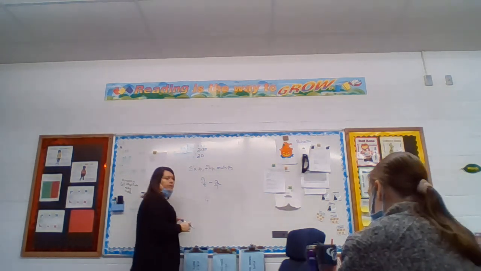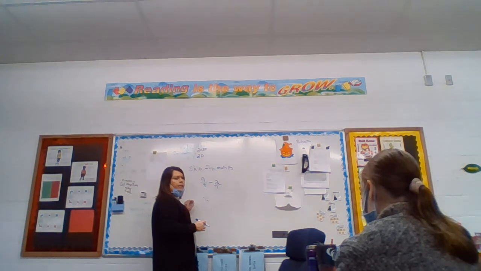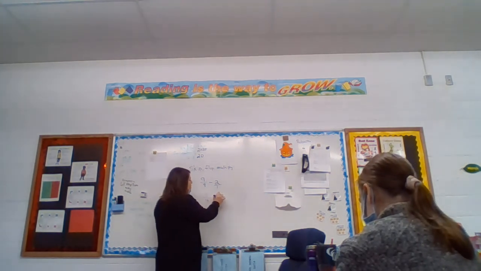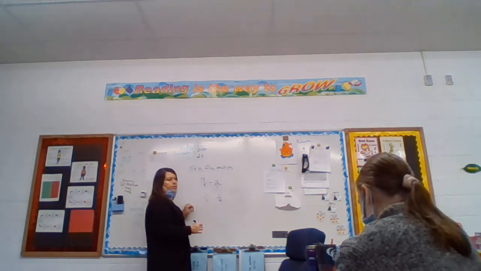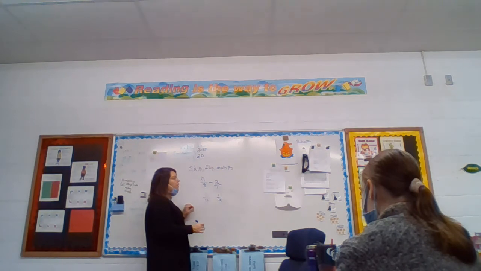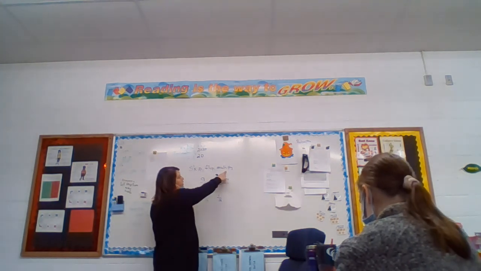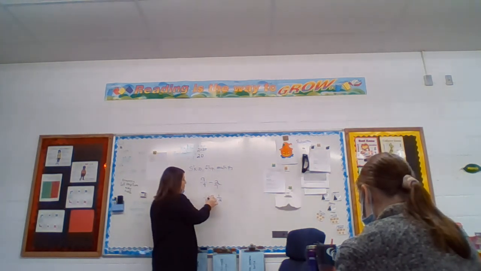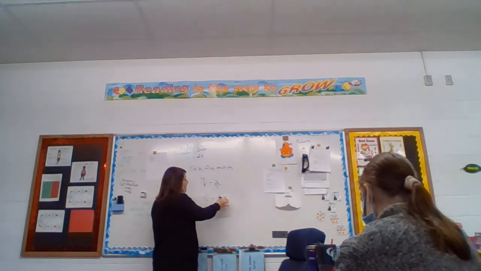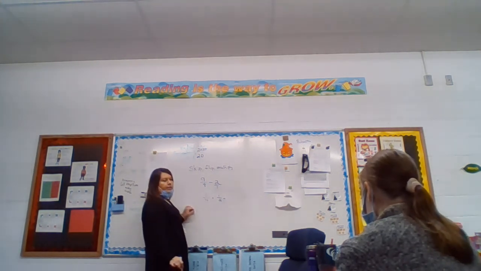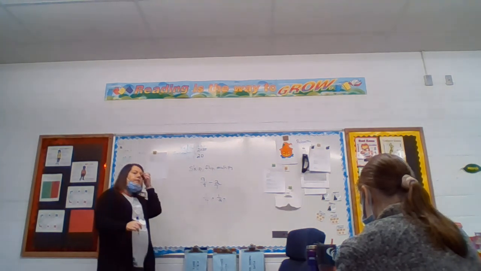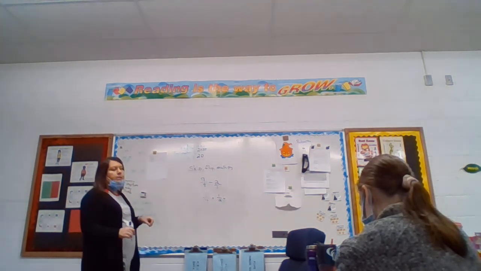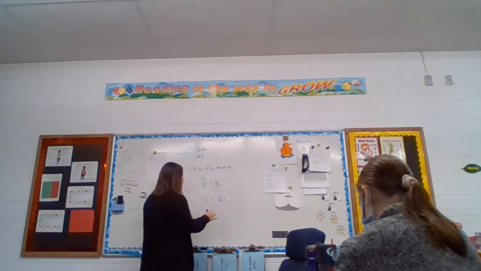If we flip it, what fraction does it become? 1/2. And then what's our last thing we're going to do? We change the divide to multiply. Okay. Got that written on your board? Yeah. Okay. So now I want you to multiply across, and then we'll see if we come up with the same answer.